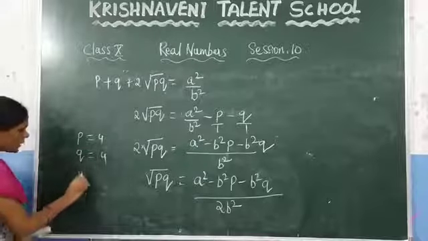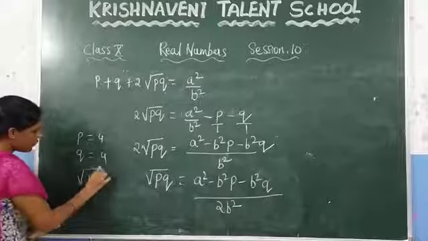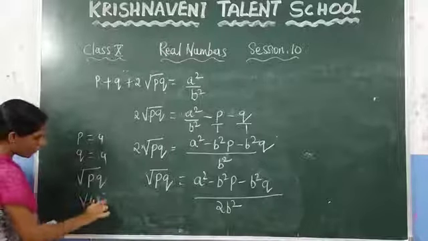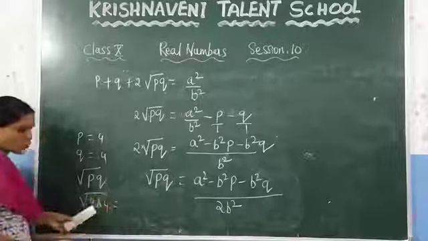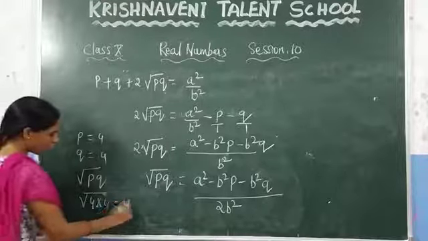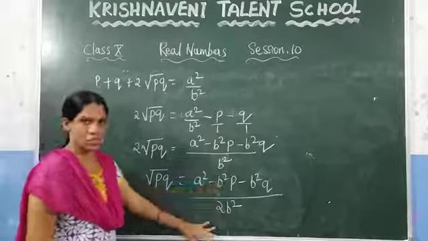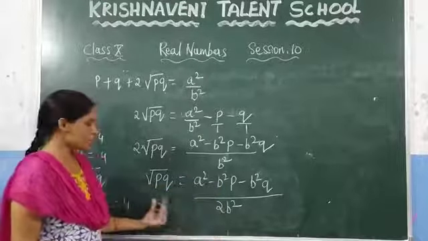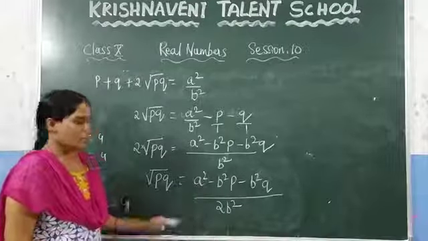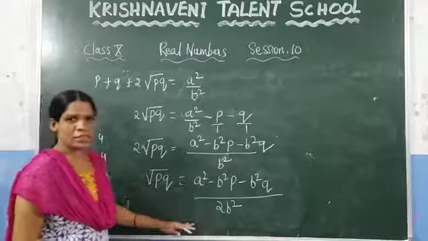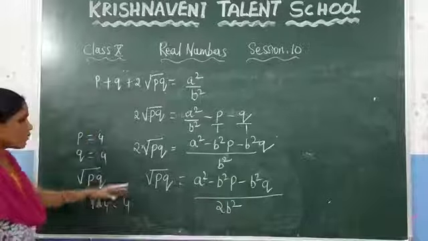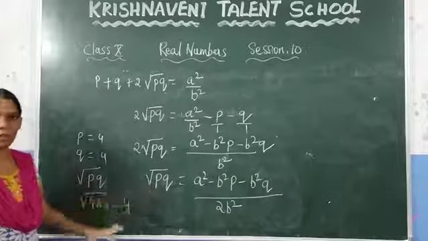Then root pq is root 4 into 4, and you know that root 4 into 4 is nothing but 4. You know that this 4 is a rational number, and this is also a rational number, and we can say that both are equal. But we have to get a contradiction statement. For that reason, they have mentioned here that both p and q are primes.